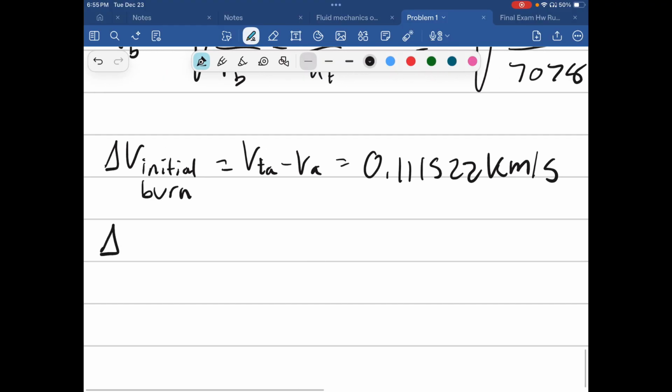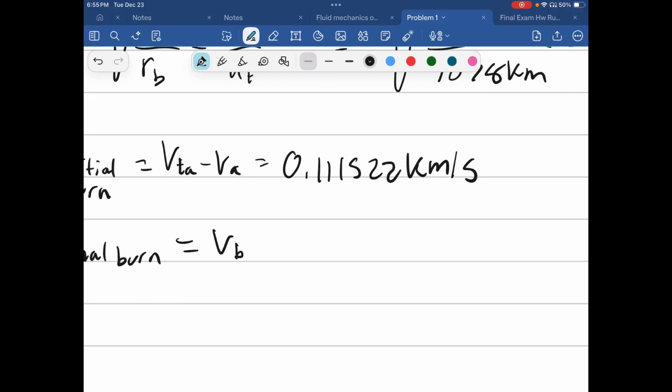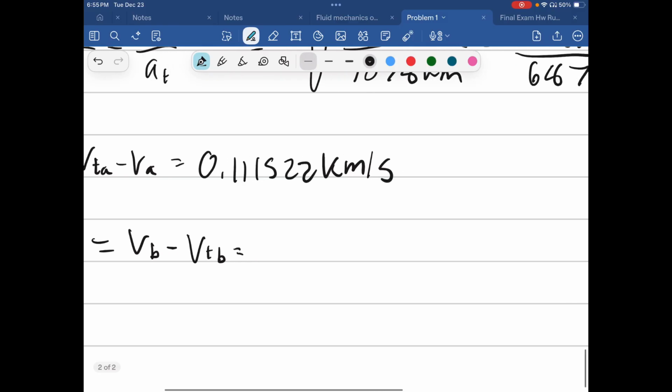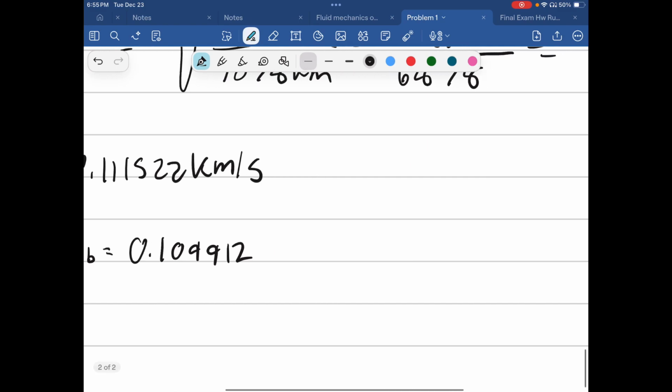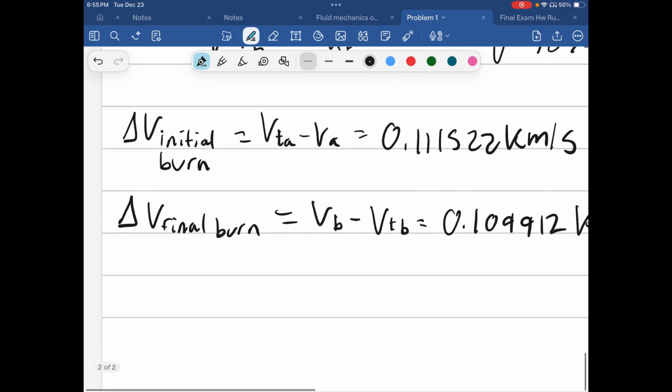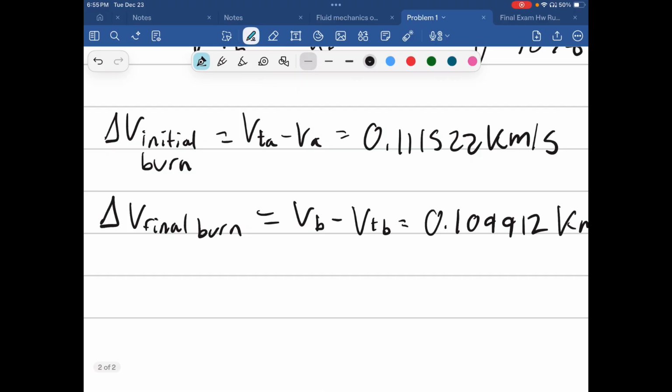And then we can find delta V of the final burn, which equals V_B minus V_TB, which equals 0.109912 kilometers per second. So that's the difference in our second burn.